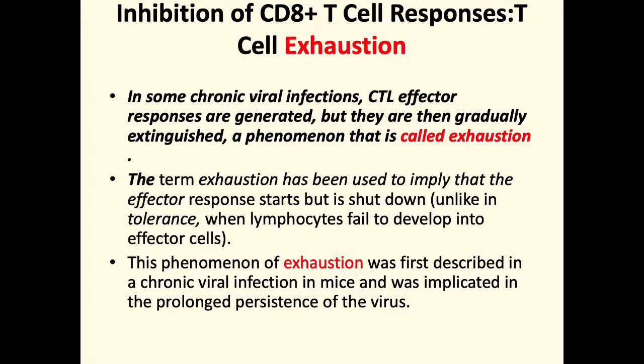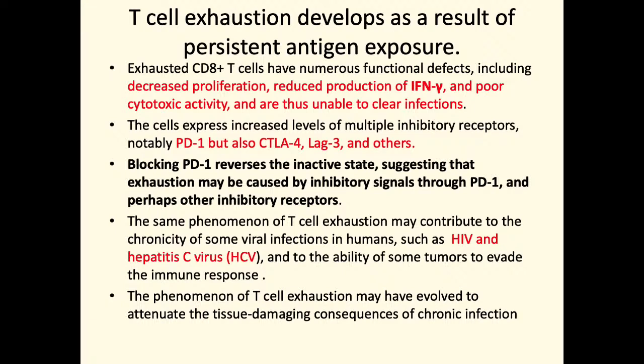Okay, so now we'll discuss what proteins and factors they express in order to downregulate the immune system. Mostly tumor cells and viruses use the same kind of mechanism, but they're a bit different.